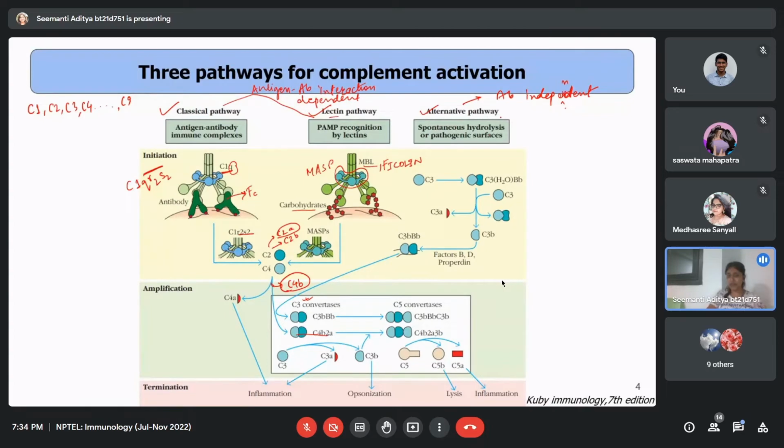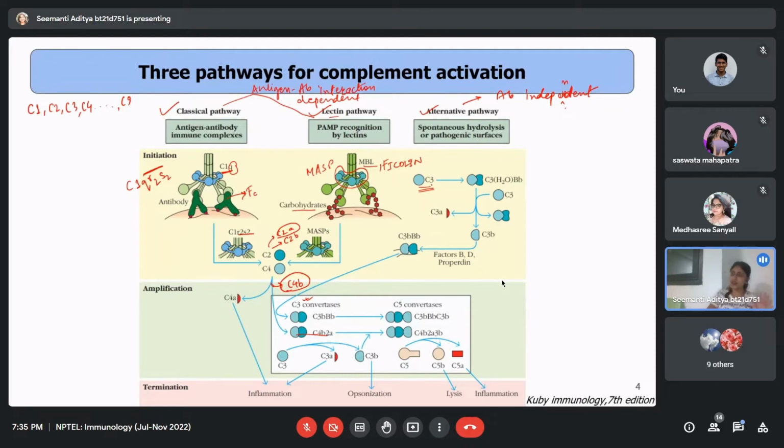What happens in the alternative pathway is there is spontaneous hydrolysis of C3 protein, irrespective of whether there is an antigen-antibody interaction, or whether the antigen is recognized by some other immune cell or some other protein like MBL or ficolin.